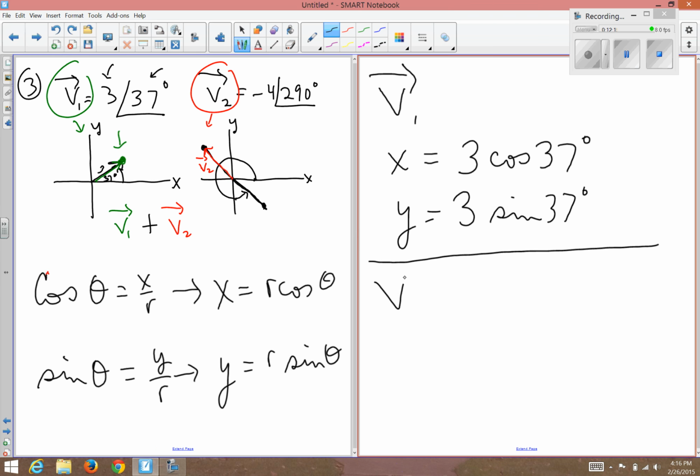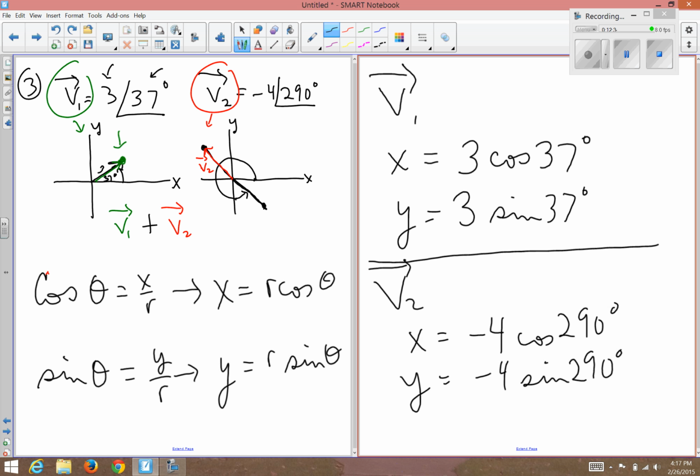For vector v2, the red one over there, x is equal to r, keep the negative on the floor, cosine theta, and y is equal to r sine theta. These are the x and y coordinates of this point over here in the second quadrant.